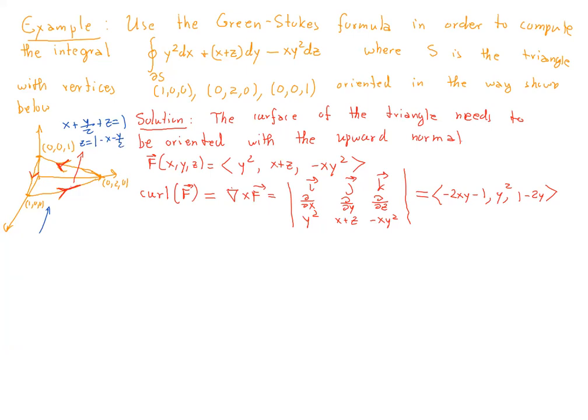And the domain will be the projection of this onto the xy plane. Here, I'm going to think of it as the uv plane. So here's the u-axis, here's the v-axis. This should be the point 2, this should be the point 1.